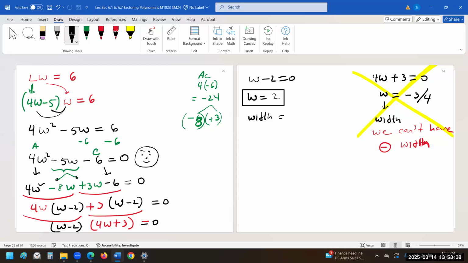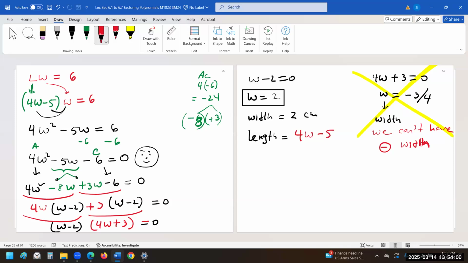So we have width is 2 centimeters, but this is find the dimension. Dimension means both width and also length. If you know your width, do you know your length also? What's the length? 4 times the width, and then you subtract 5.